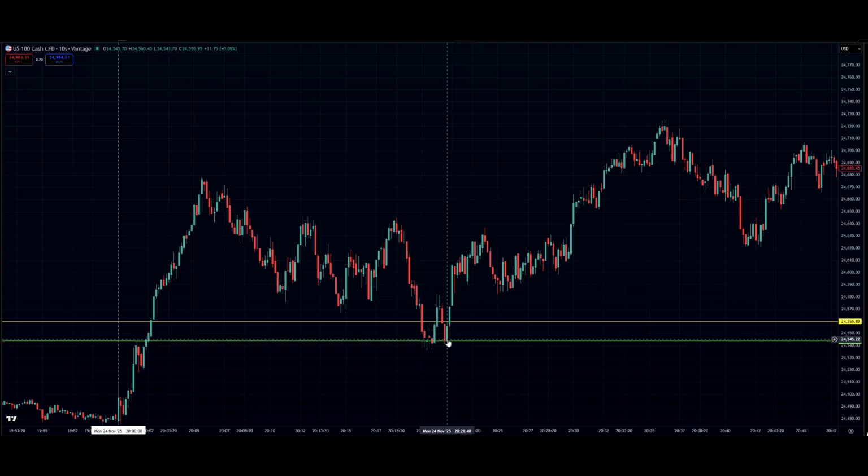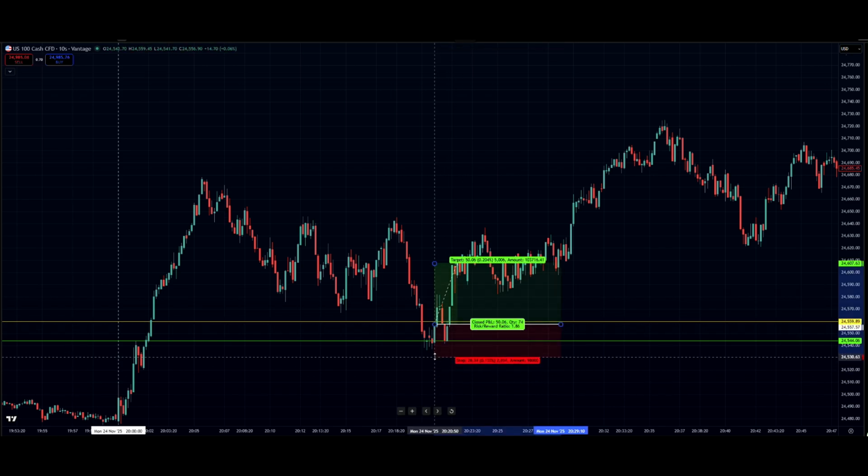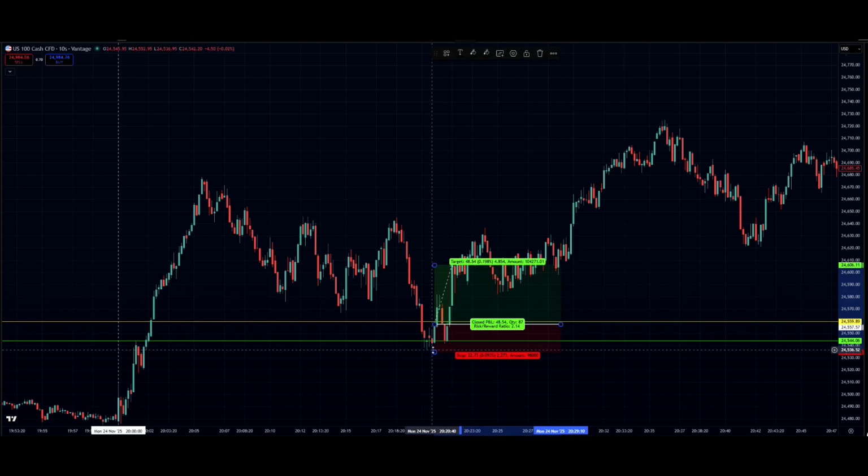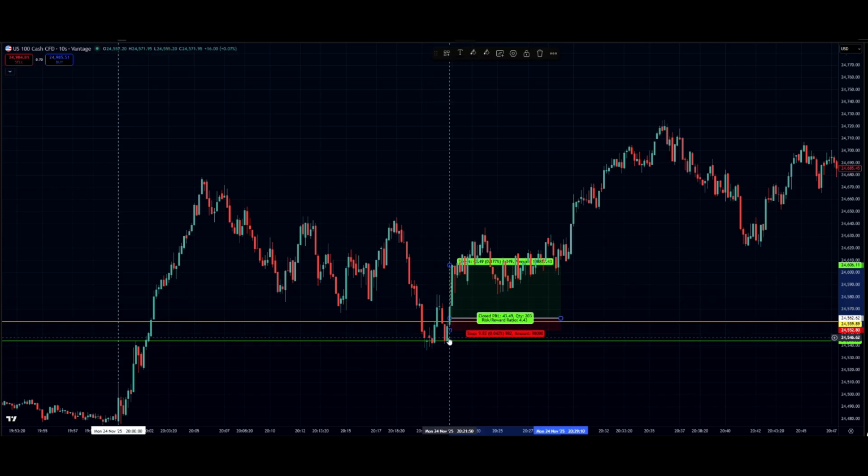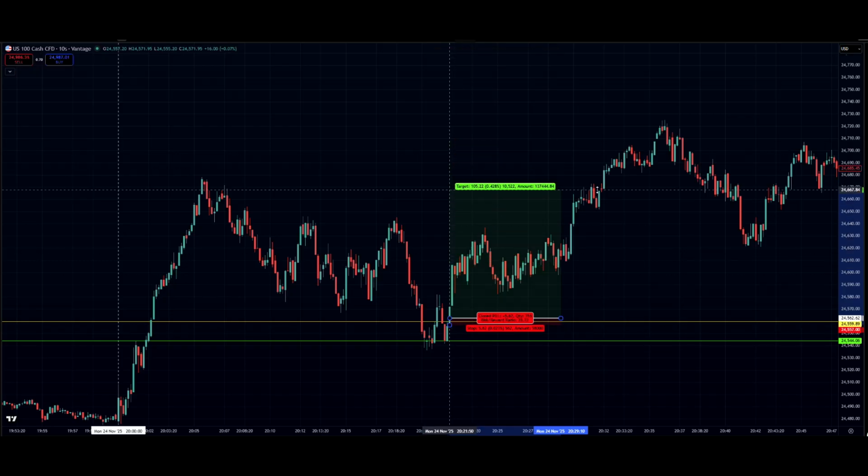So we are entering here. Let's say we are entering here, maybe on the first candle. Our risk is what? $25. As soon as we make $50, let's say, our SL will be moved to break even. We move the SL to break even, and we'll keep that, and it will just go on.